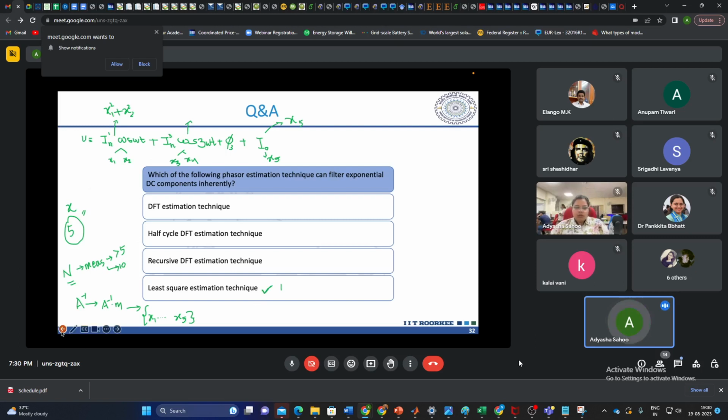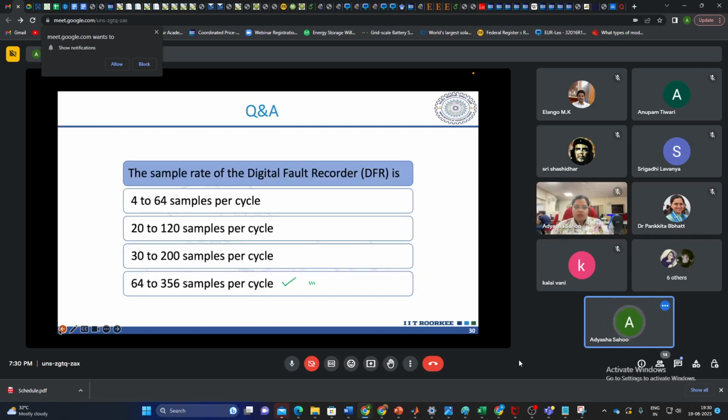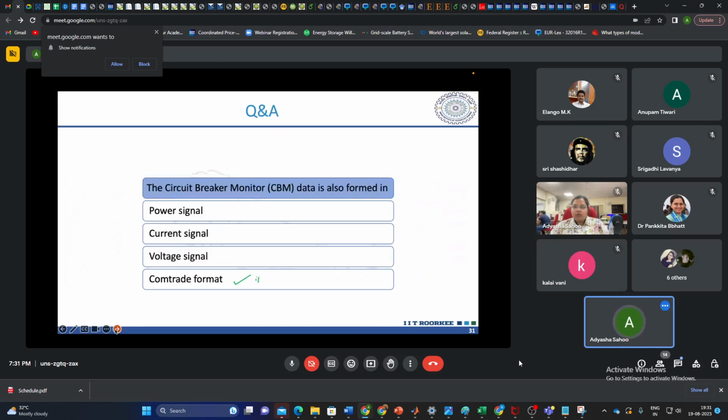Maybe the data that I had given you did not have this. Maybe you can take one more type of data where there is a decaying DC component in the signal, and try to compute the DFT, and you'll find that it will not be able to reflect it.